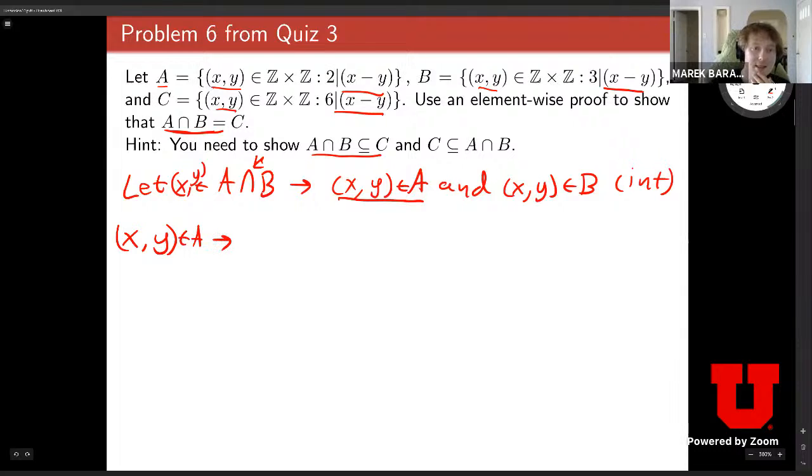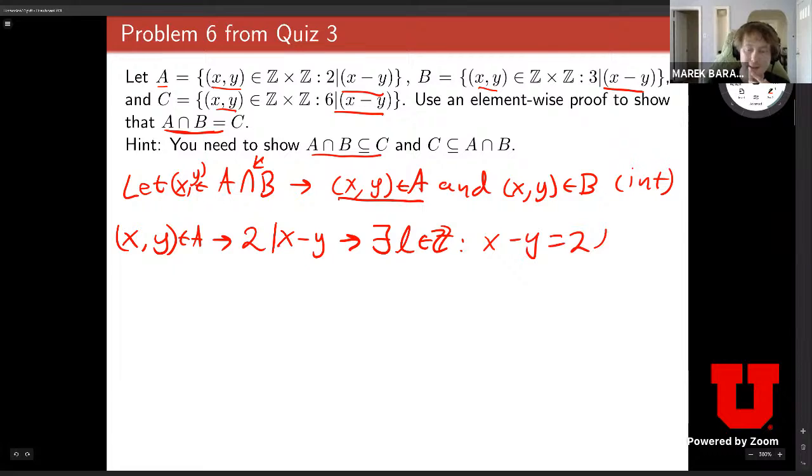that 2 divides X minus Y. And that means there exists an L in the integers such that X minus Y equals 2L.